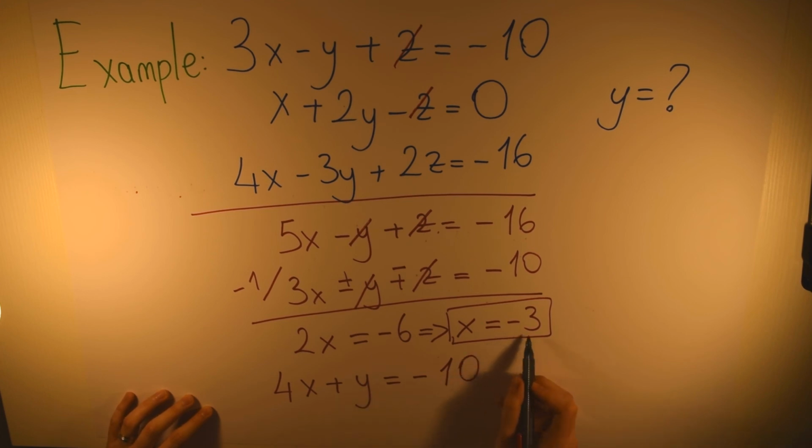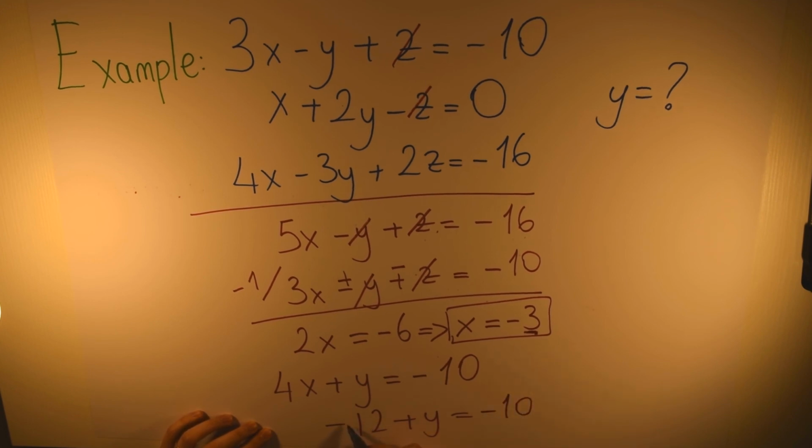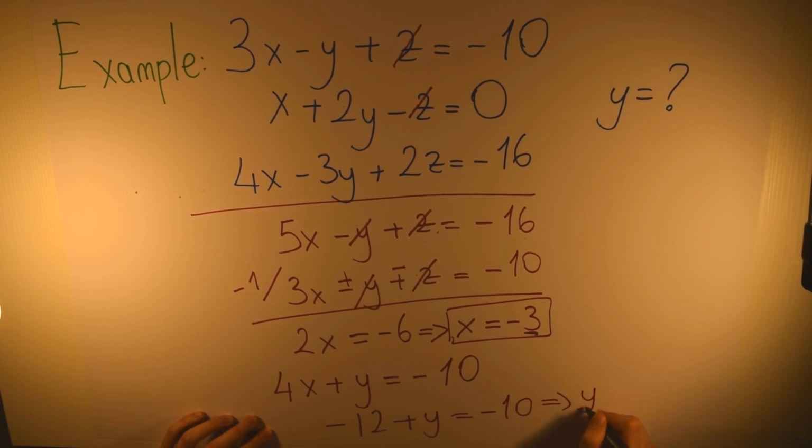So I know my value of x, which is equal to minus 3. When I put this value instead of x, this is 4 times minus 3, it is minus 12, plus y is equal to minus 10. When I put this minus 12 to the other side, from here I will find my y, which is equal to minus 10 plus 12, which is equal to 2.